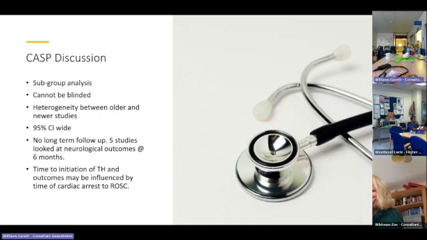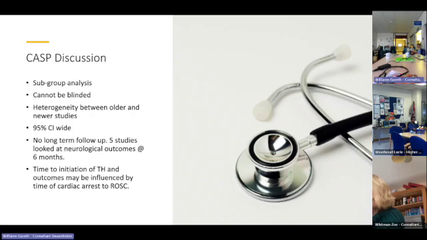Another few things based on this slide are that doing subgroup analyses on RCTs that weren't powered for that initial question is problematic. This is a very hard thing to blind, therapeutic hypothermia. Follow-up was at maximum done at 6 months in most studies, so no longer.